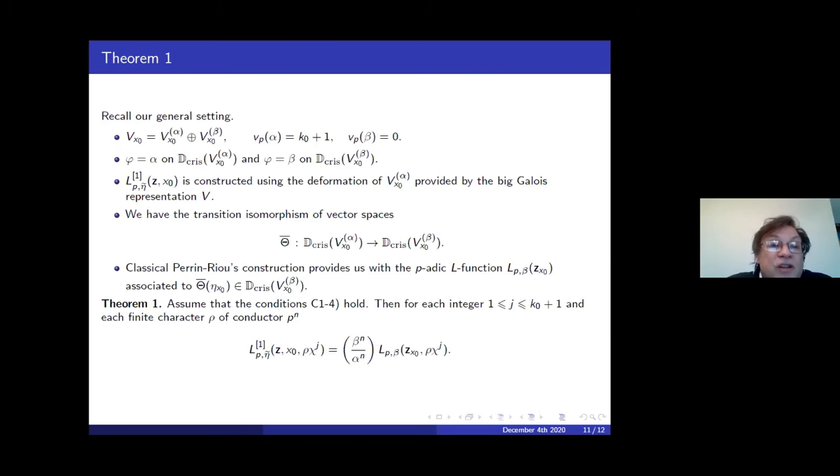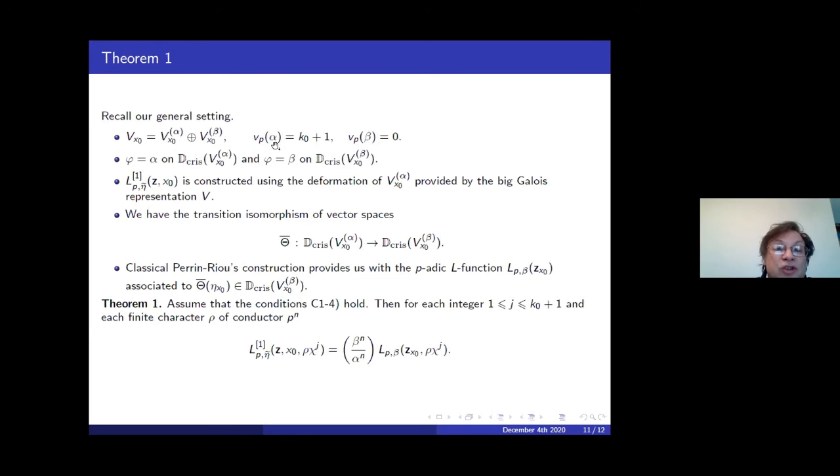Recall our general setting. We have a big Galois representation V, which at x0 decomposes locally, again locally, not globally, into a direct sum of two representations of dimension 1, which correspond to two eigenvalues of Frobenius, alpha and beta.